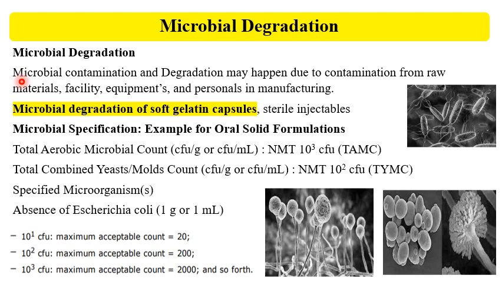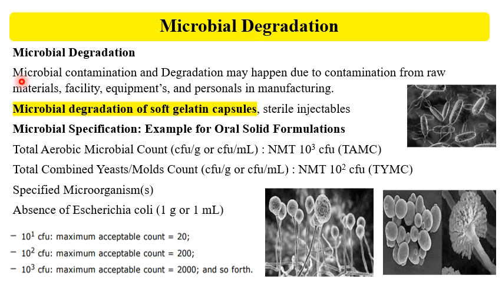So for oral solids, the total aerobic microbial count is tested, that should be not more than 10 raised to the power 3 colony forming units, that is also called as TAMC. Then total combined yeast and mold count, that is known as TYMC, that is not more than 10 raised to the power 2 colony forming units, and these are given per gram.